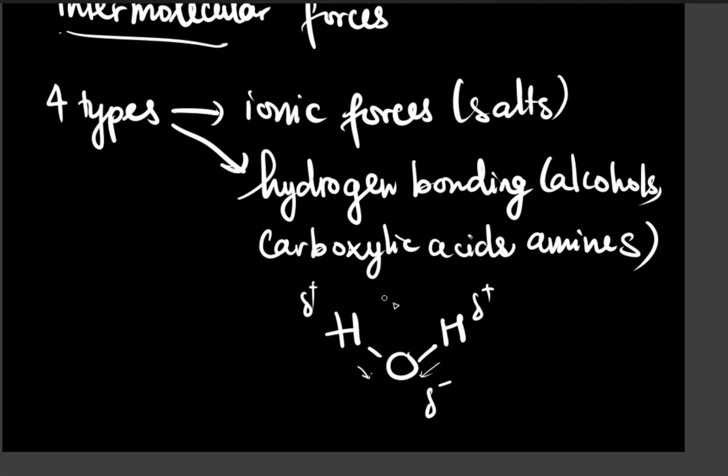And because oxygen is really, really electronegative, the difference in charge here is really large. So if we have another water molecule here, we can have an attraction between this oxygen atom and this hydrogen atom, and we're going to call that hydrogen bonding.